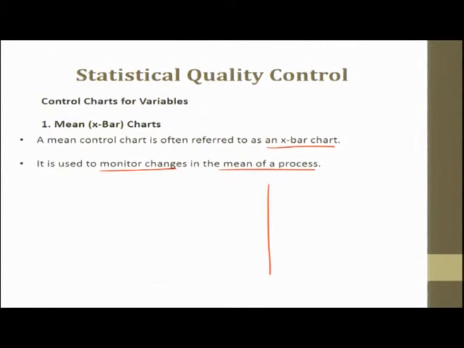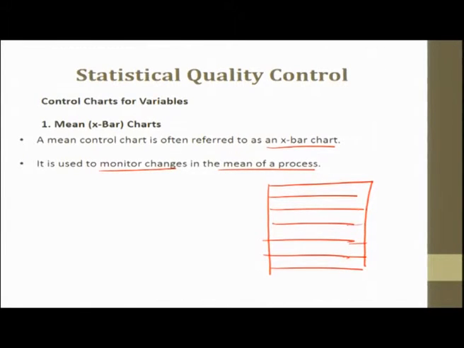What we do here, we will have data something like this. This is the sample size, and let me say this is 1, 2, 3, 4, 5 units per sample, and this is the number of samples that I have said.